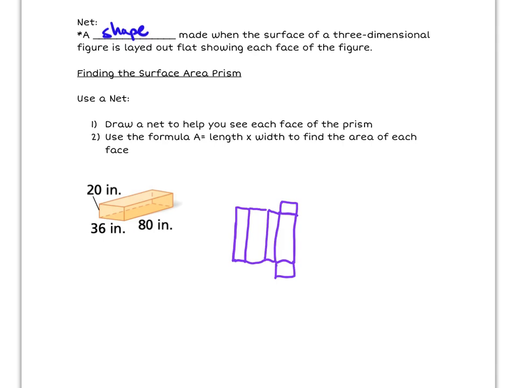So we broke it up into this crazy shape here. Then we take the measurements here. We see that this up and down side here is 20 inches. So that side there is 20, which would also mean that this side right here is 20, and this side right here is 20. The long side here is 80.